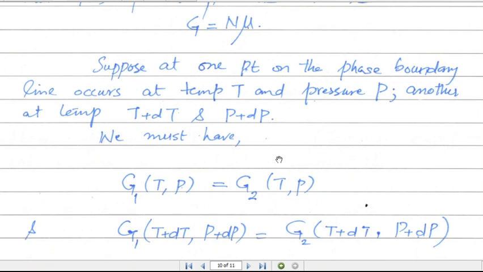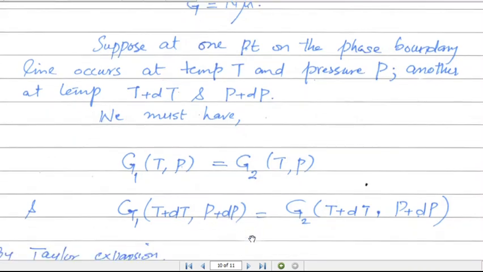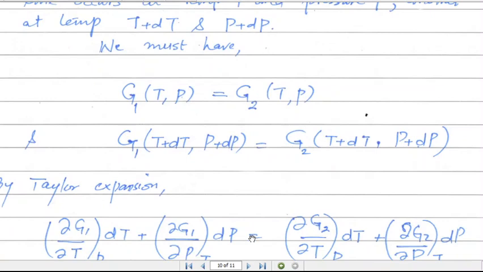And we know that since both these points lie on this curve, the Gibbs free energies at both these points will be the same. So we can write that G1(T,P) will be equal to G2(T,P), and G1(T plus dT, P plus dP) will be equal to G2(T plus dT, P plus dP).